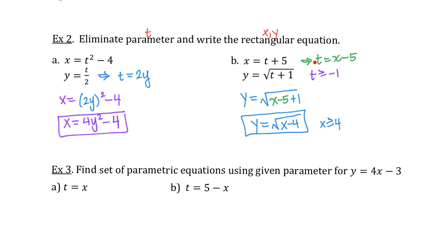Because t is equal to x minus 5, then it also must be true that x minus 5 is greater or equal to negative 1. And then I would still get that x is greater or equal to 4 using these same equations. So either way, you're going to find the same domain restriction.